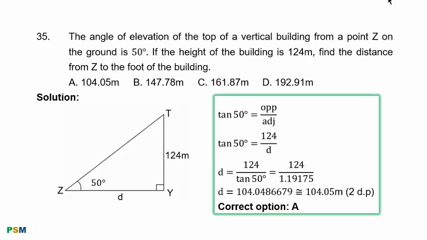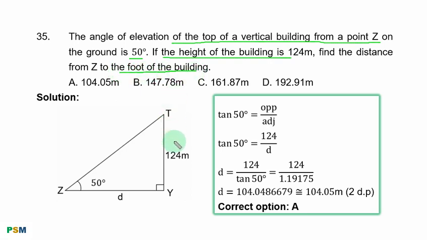Question 35. The angle of elevation of the top of a vertical building from a point Z on the ground is 50 degrees. If the height of the building is 124 meters, find the distance from Z to the foot of the building.